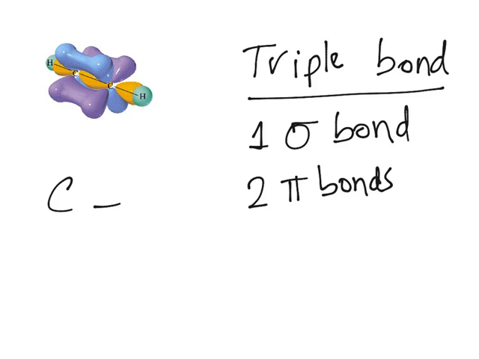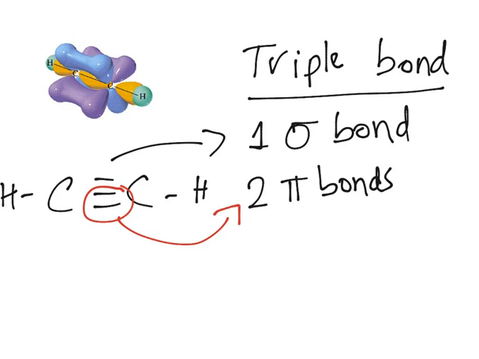We have a carbon with a triple bond there, a hydrogen on each side, and these two are the two pi bonds. You can see here that the purple is one pi bond, the blue here is another pi bond, and then the yellow is our sigma bond.